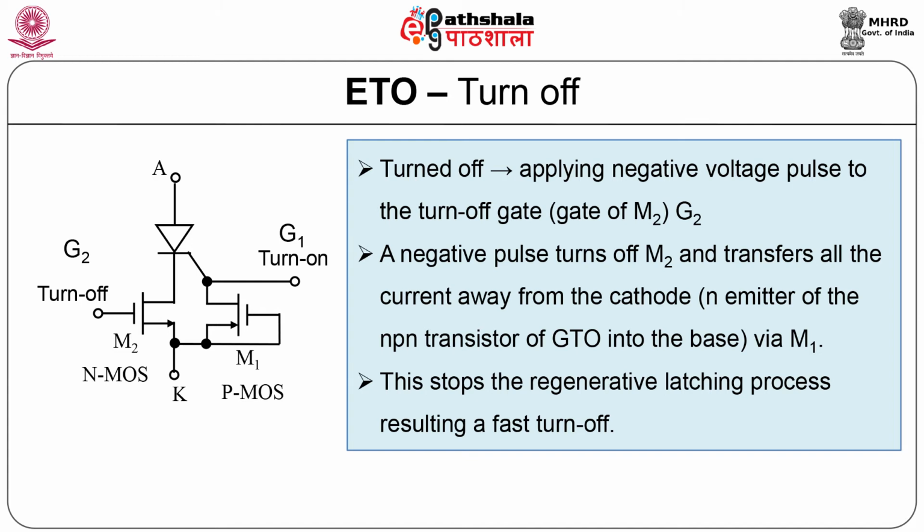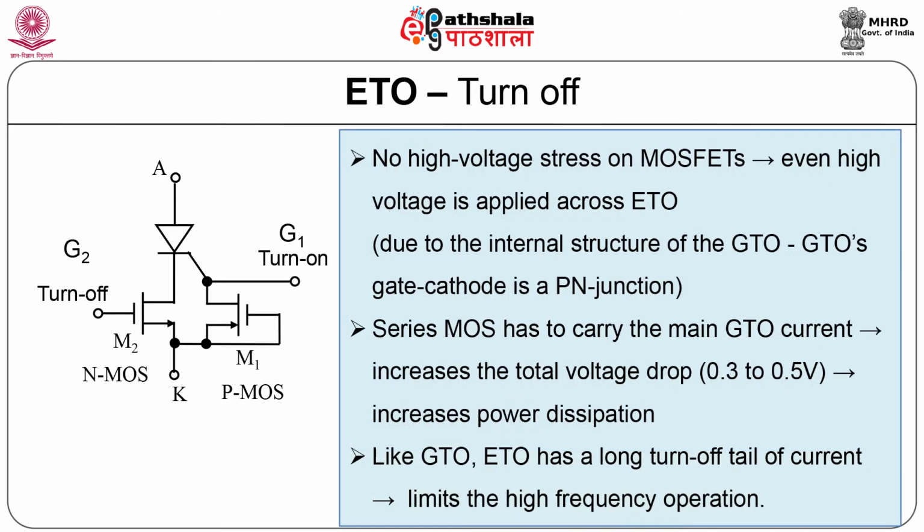If you see the turn off gate and turn off transistor, the turn off transistor is in series with the normal GTO. The advantage of ETO is that there is no high voltage stress on MOSFETs, even though high voltage is applied across the ETO.